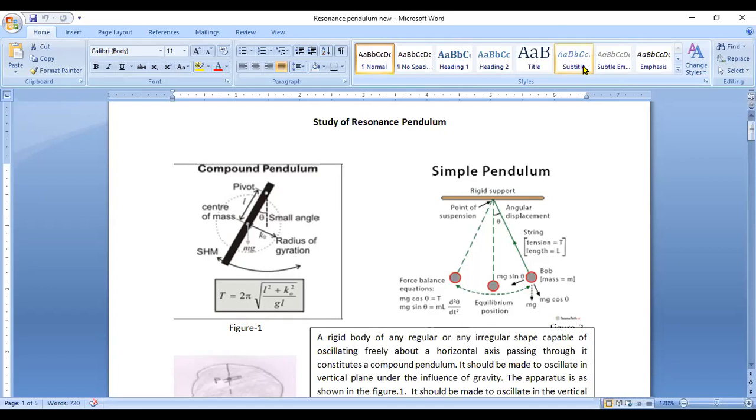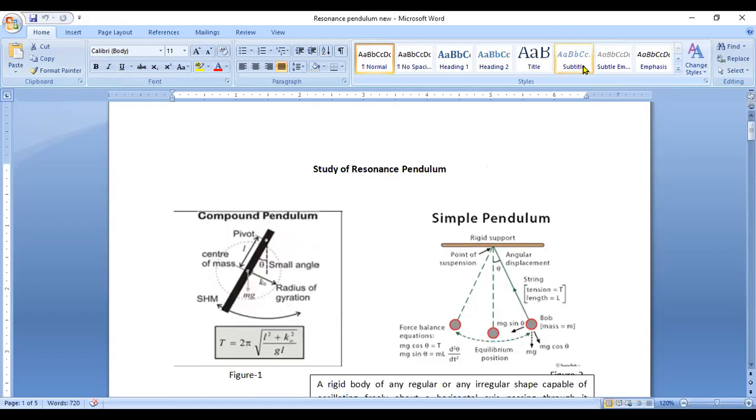As you know, in first year BSc you have studied the bar pendulum, and using that bar pendulum you have calculated acceleration due to gravity, and at your higher secondary level you studied the simple pendulum and also calculated acceleration due to gravity.